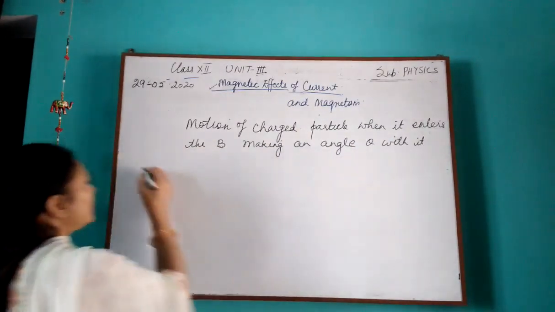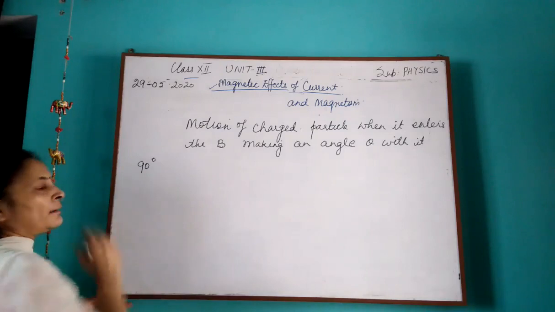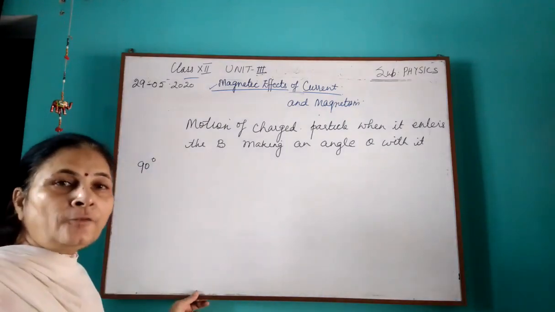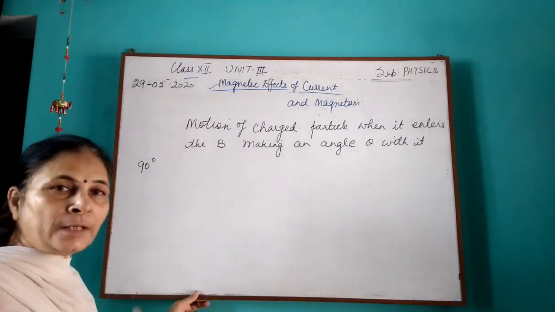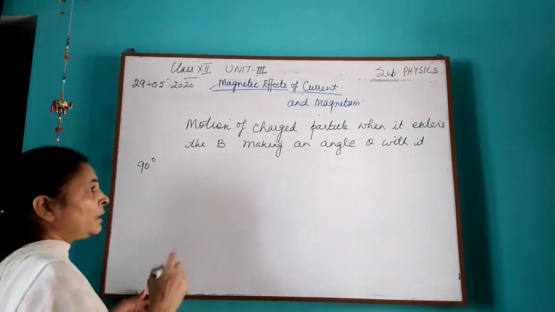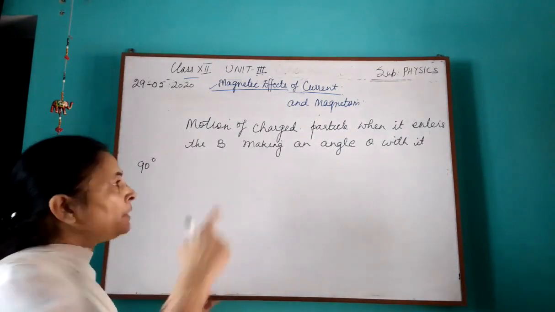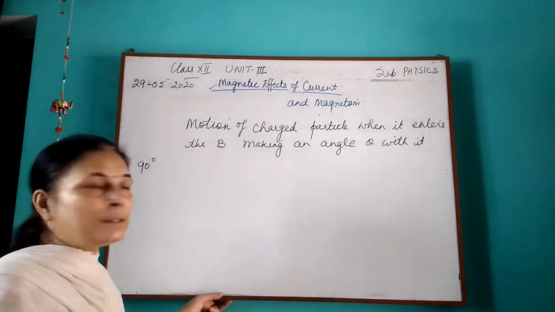When the angle was 90 degrees, or perpendicular, it followed a circular path. This we did yesterday. If you have understood that part, you will be able to understand this part easily.